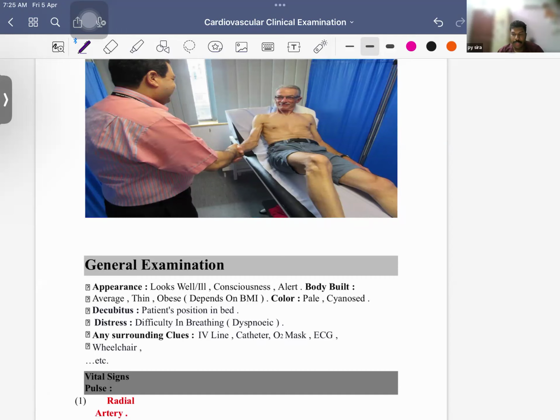It's up to you to decide. You want the cardiovascular system or the abdomen examination? Okay, tomorrow we'll start with CVS.